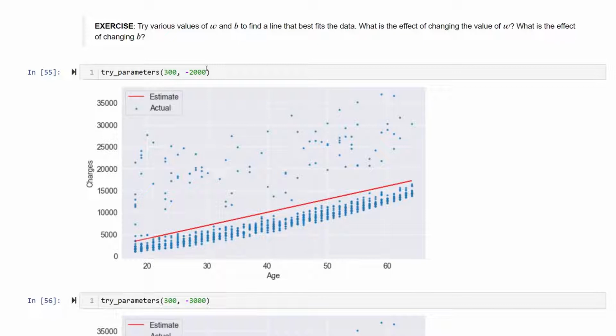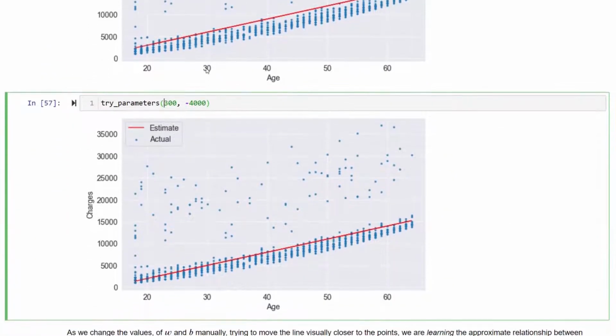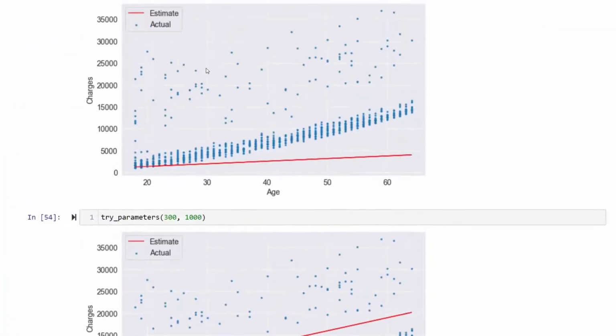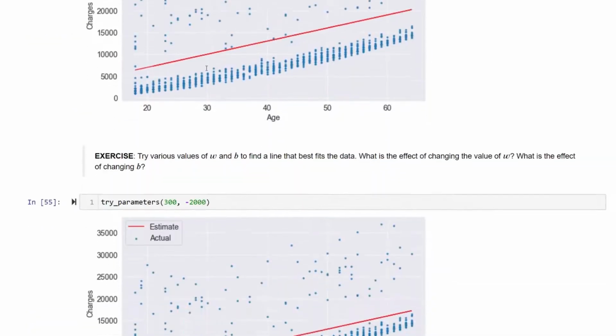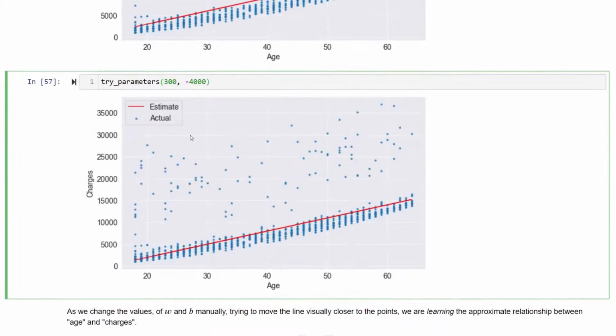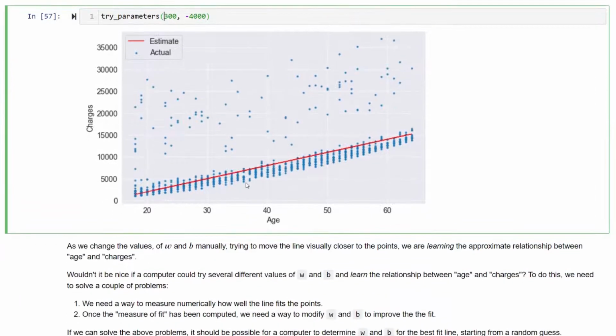By trying all these trials, I concluded that this line is the best among all the lines. So my question is, can the computer do what I have done?